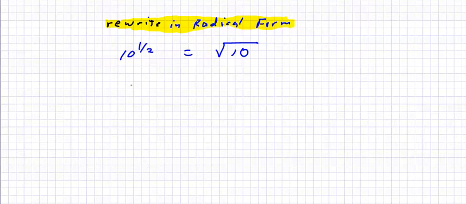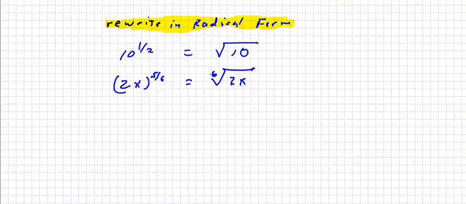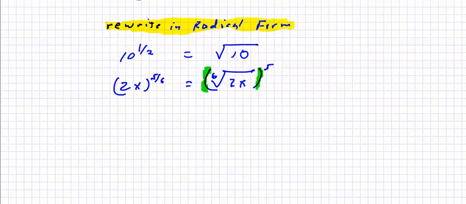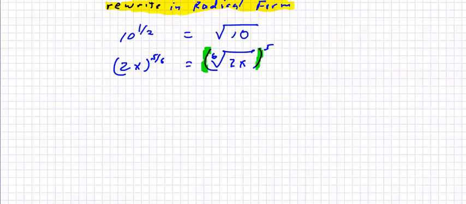2x to the 5/6, in parentheses, 2x raised to the 5/6 power. We have the 6th root, the denominator is the root, of 2x, all raised to the 5th power. And notice I'm using parentheses right here. Without them, it's wrong. Again, very straightforward and simple.